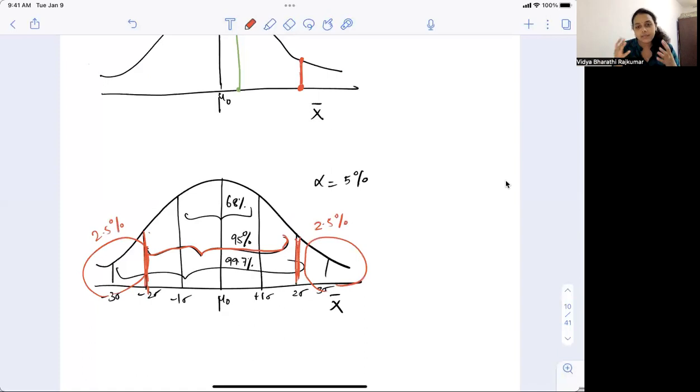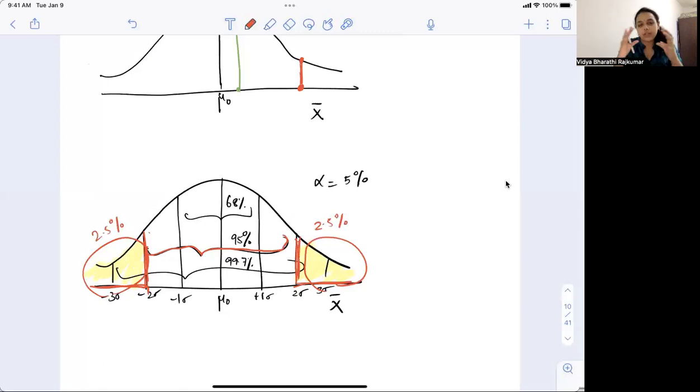Now, if I end up observing an x bar value that falls into either of these tails, I know that there's only a 5% chance I could ever observe a number in these extremes. And it's either 5% or lower, depending on where exactly it falls along the x-axis.